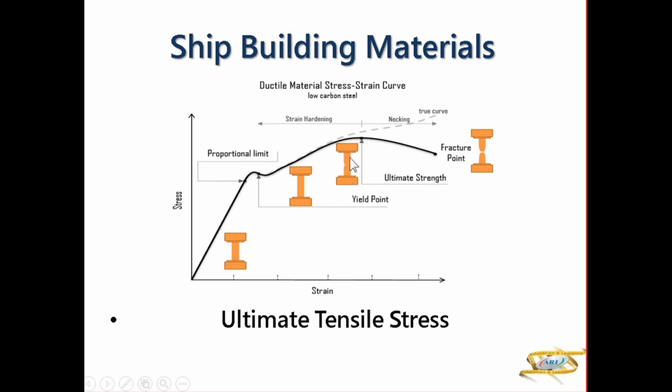After UTS, necking will take place. See, the neck is being formed here. From this point till the fracture point, the necking will take place, and the neck breaks. That is the fracture. So this is your proportional limit, yield point, UTS, and between the yield point and UTS is the strain hardening, and between UTS and the fracture point is necking.